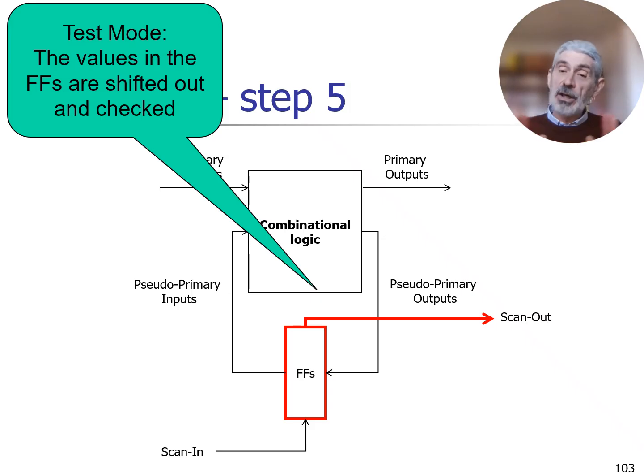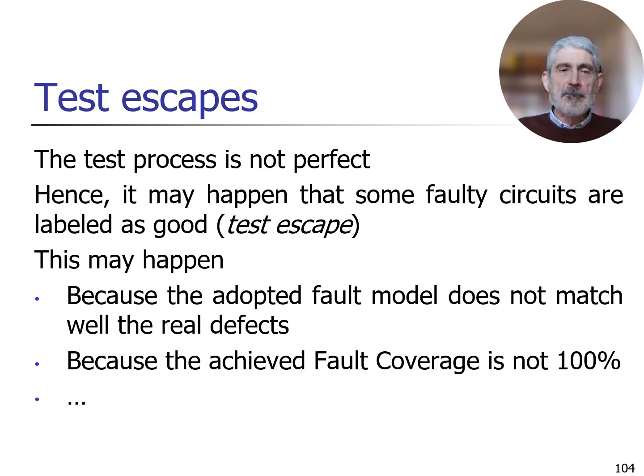It's a relatively long procedure for every test vector, but it is effective and it can be easily automated. And these two things, effectiveness and automation, convinced all companies to use scan. Scan is systematically adopted in practice everywhere.